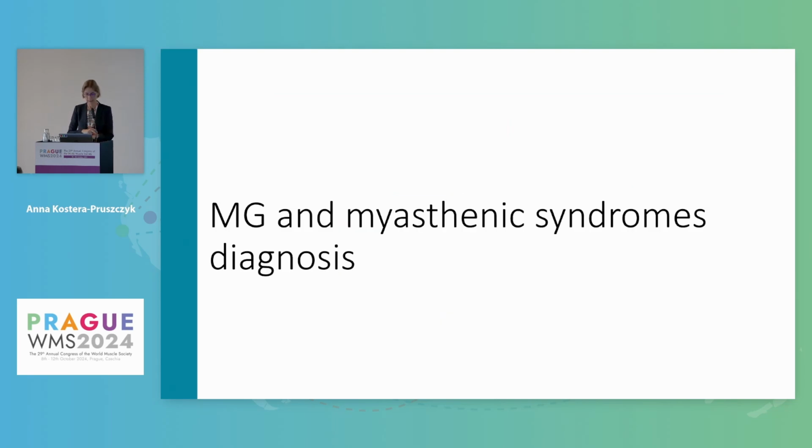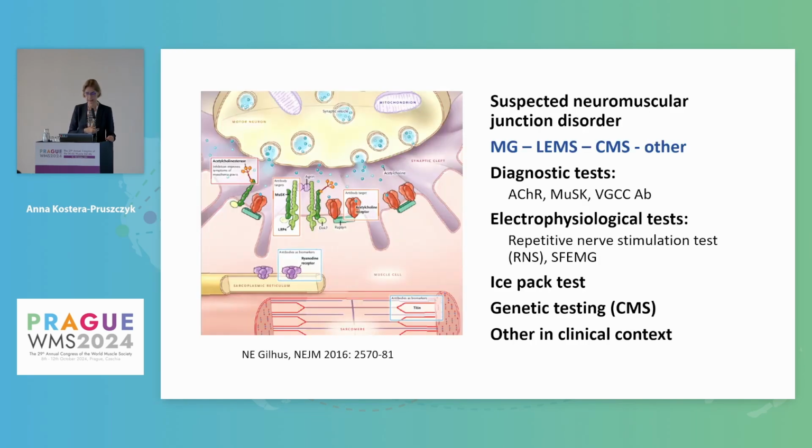And another important group of diseases where EMG continues to be an important tool is myasthenia gravis and myasthenic syndromes. Of course, in a patient who has suspected neuromuscular junction disorders, we have a number of different diagnostic methods that can be employed in different order, and the differential between acquired MG, Lambert-Eaton myasthenic syndrome or congenital myasthenic syndrome is very important.